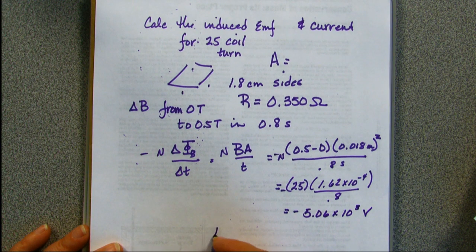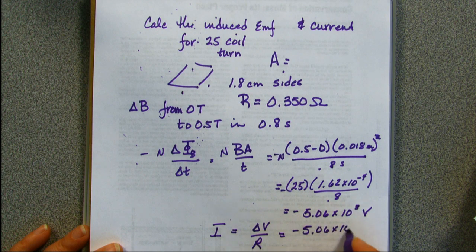And if I want the current, that's just my change in potential divided by the resistance, which is negative 5.06 times 10 to the third divided by my 0.350, and that gives me a negative 1.45 times 10, yeah, just a second.